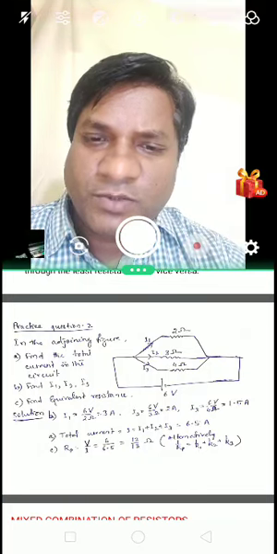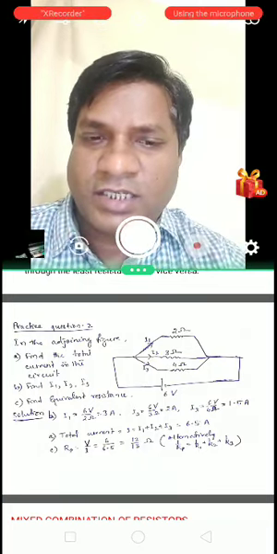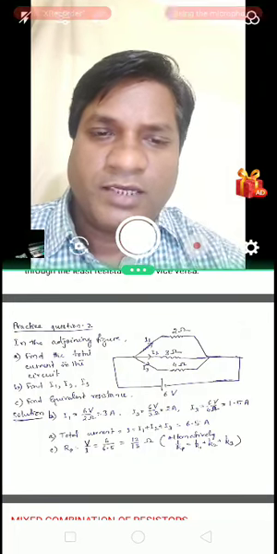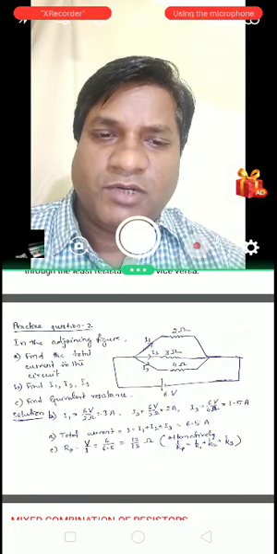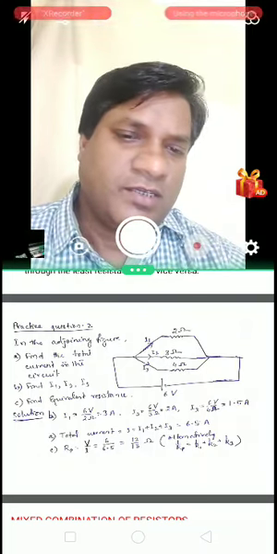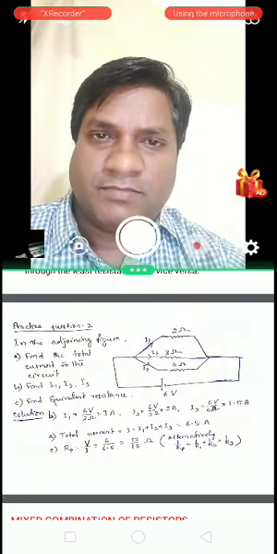Alternatively, we can also find the equivalent resistance of the parallel combination from the formula 1 by Rp is equal to 1 upon R1 plus 1 upon R2 plus 1 upon R3. The result will come same by any method.